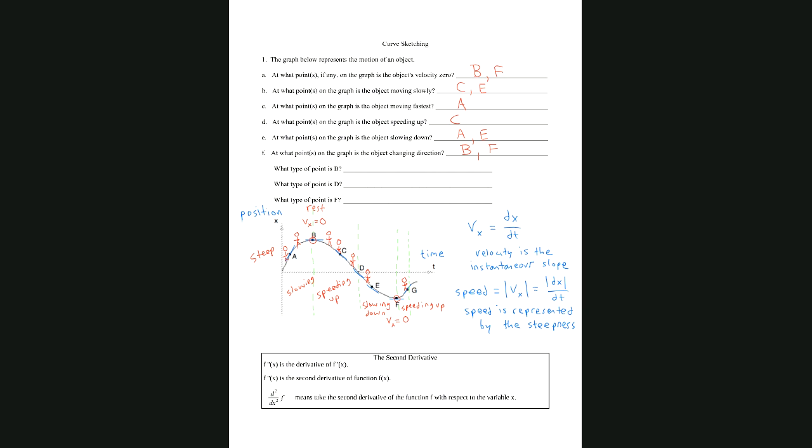What type of point was point B? It's a local max. What type of point is point D? It's a point of inflection where the concavity changes. And what type of point is point F? A local min.